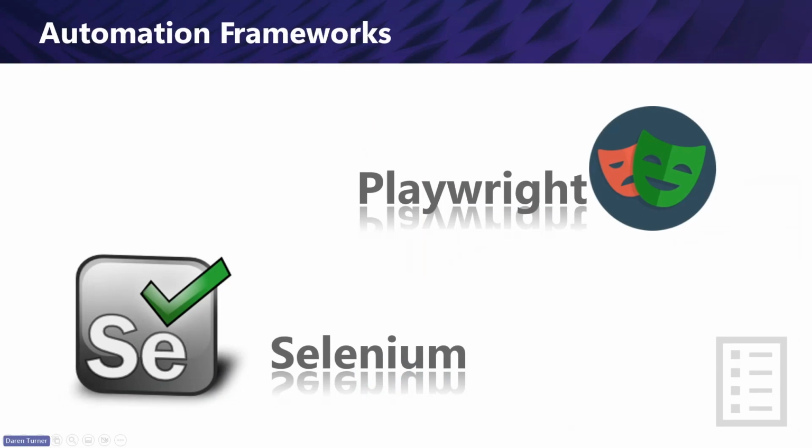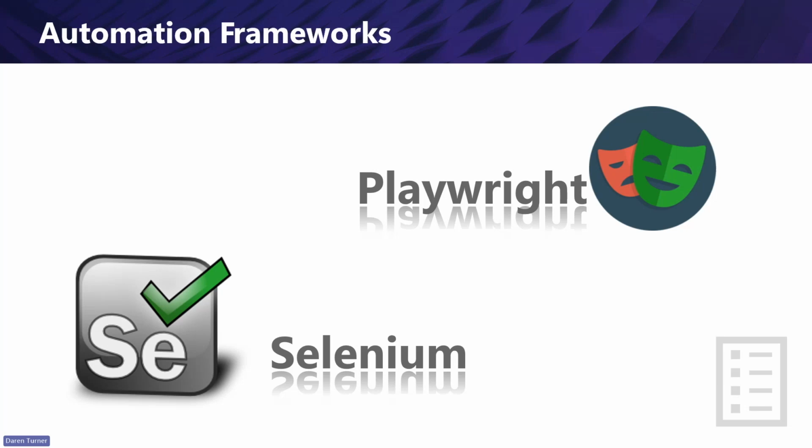All right, automation. The next one is going to be automation. And from a core framework perspective, there's two main ones. Selenium goes back a number of years. And when I started doing automation testing, Selenium was the framework that I used. It could be tedious to use at times. It requires you to be a developer and have a developer mindset. And if you're going to write automation tests, you're going to be writing it in code, whether it be Java or Visual Studio.